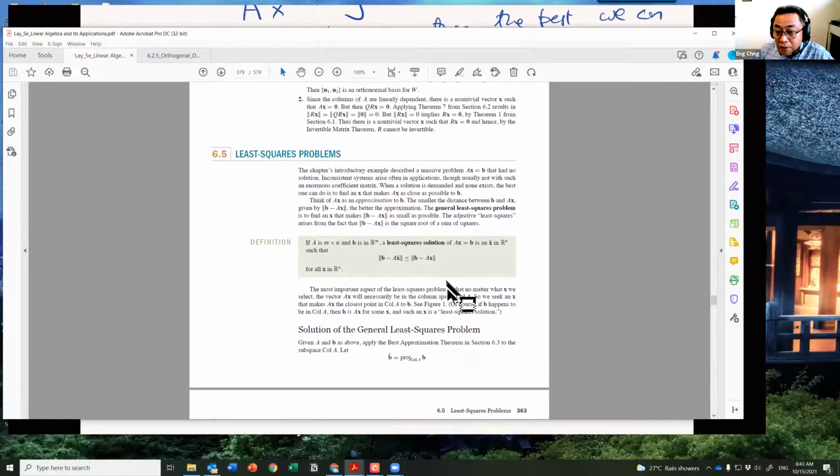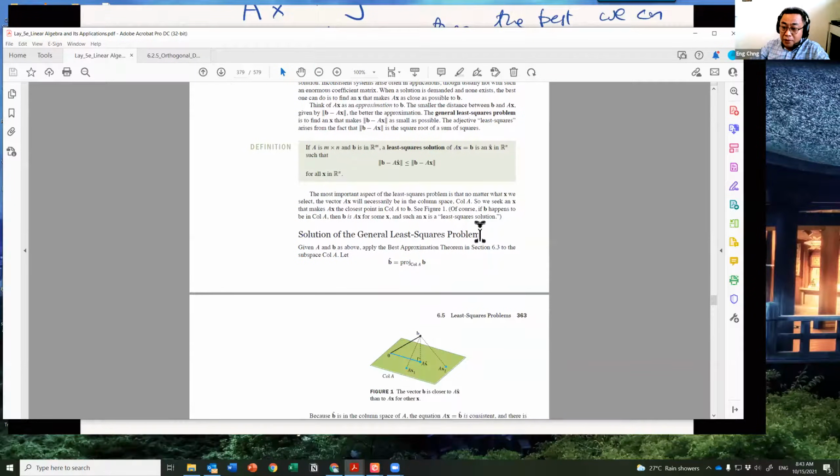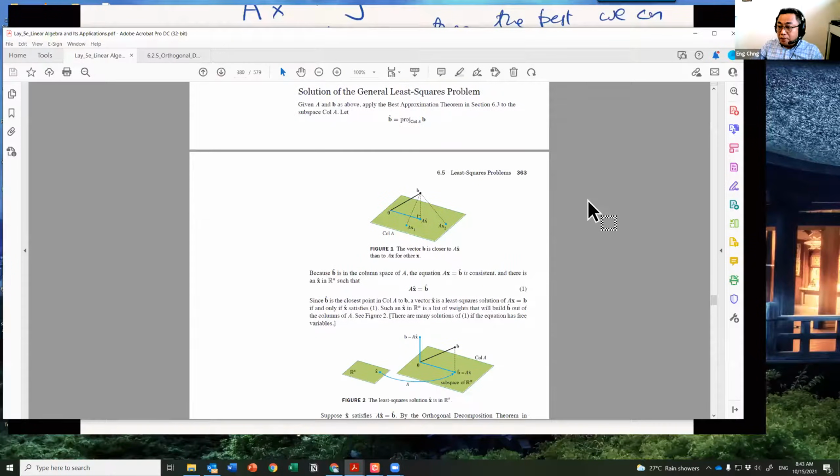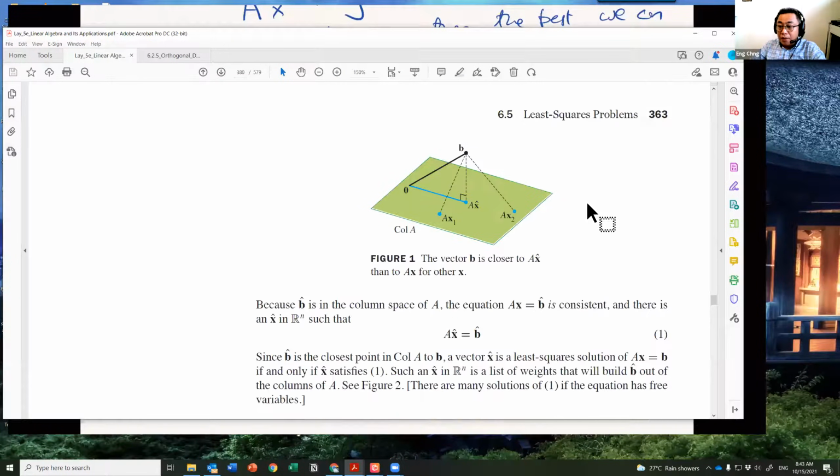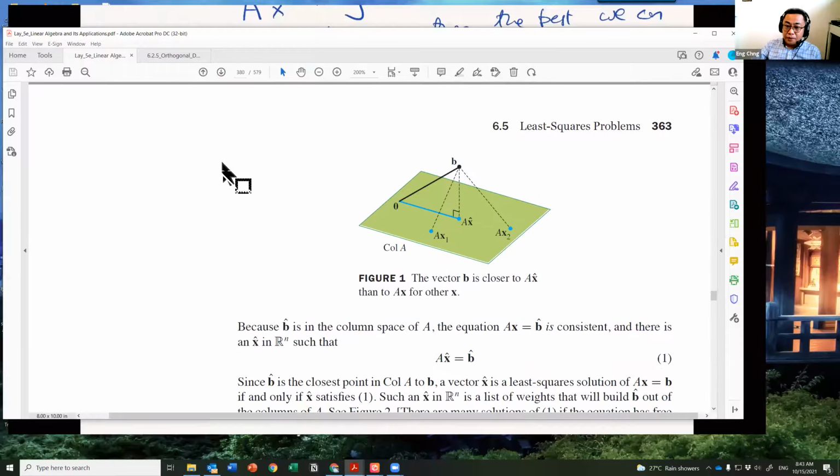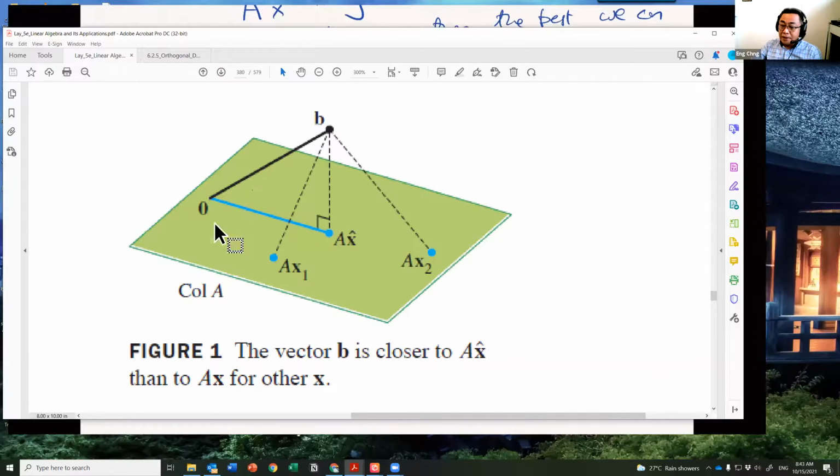If you have Lay's book, you can turn to this page. The green space here is the column space of A. A times x can reach any point in this green space. b is our y.